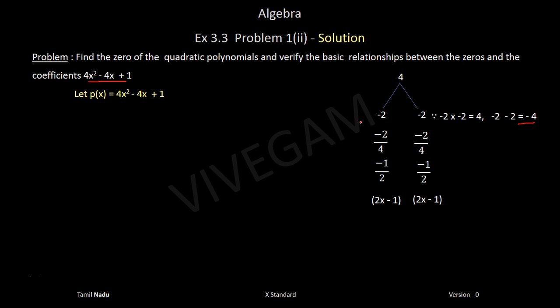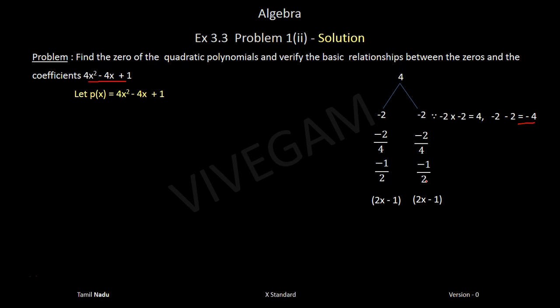So the factors are right. Then each needs to be divided by the coefficient of x squared, so that is minus 2 by 4, and the other also minus 2 by 4. On simplification, this gives minus 1 by 2, and this also gives minus 1 by 2.